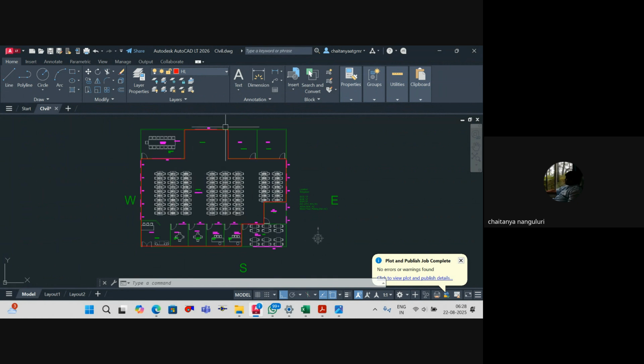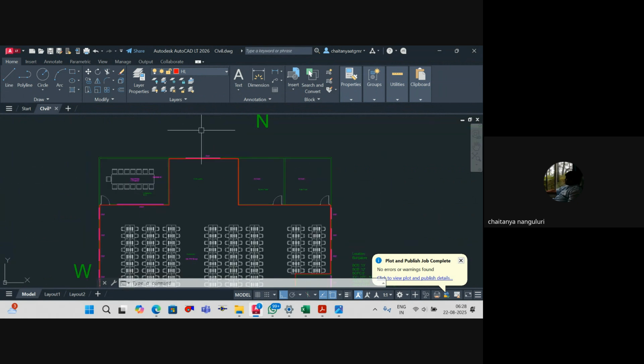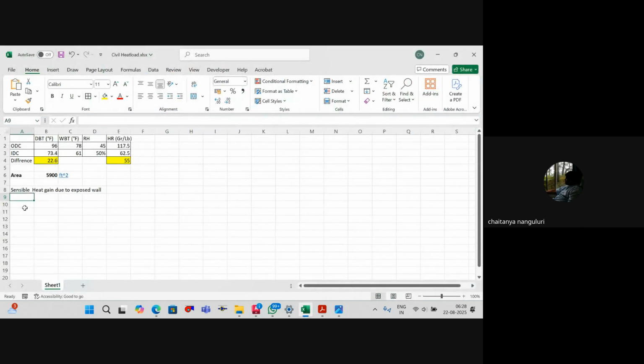So for that we'll start with the north direction. In this I'll write sensible heat gain due to north wall. I've already written it on top of the walls, so I'm not writing wall for all the directions. So what is the equation?